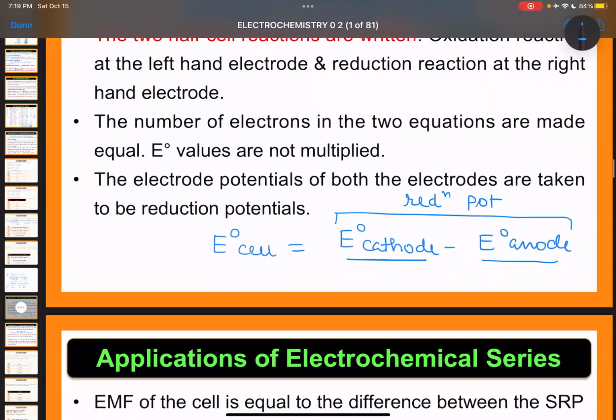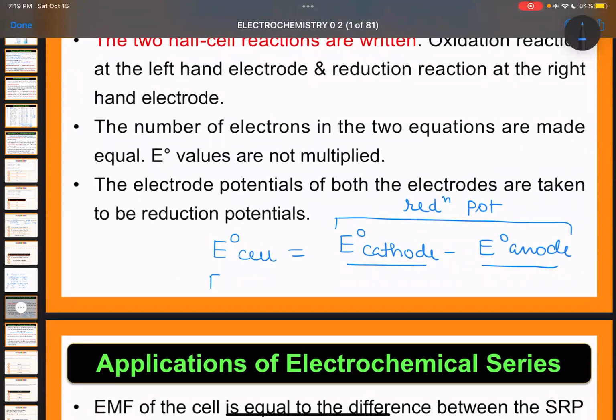Both should be reduction potentials. But if you are going to take the oxidation potential, you need to take the difference differently, because this is the IUPAC convention. So we can use both. We can write the reduction potential for both of them and take the difference.